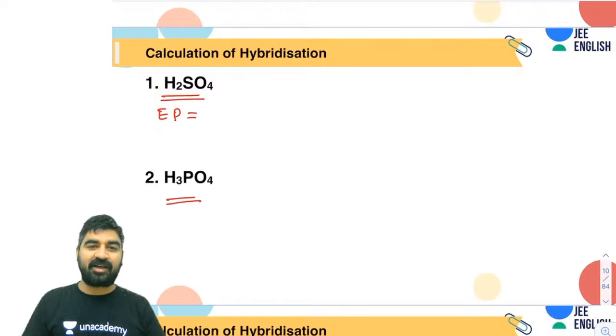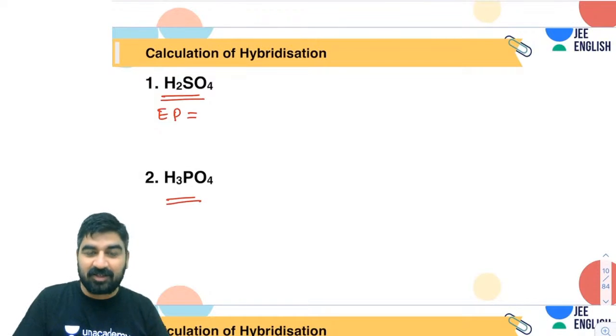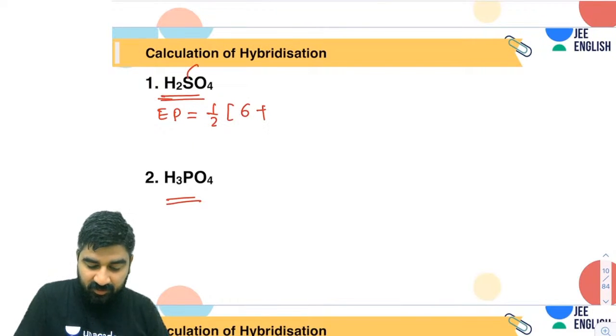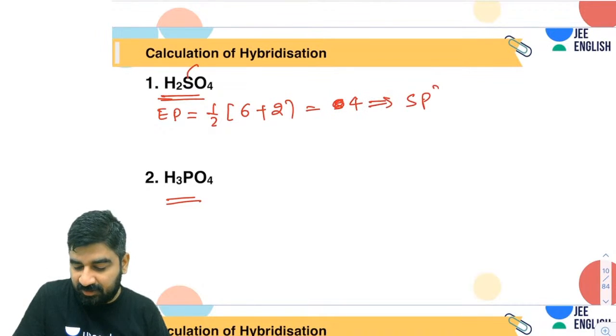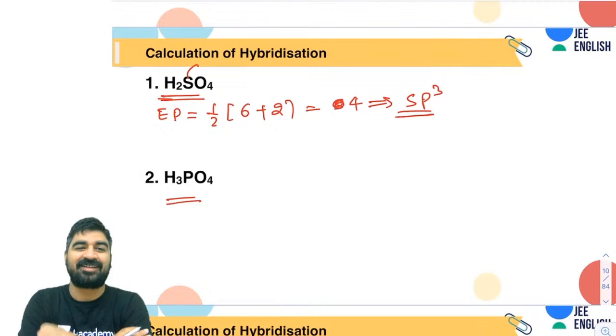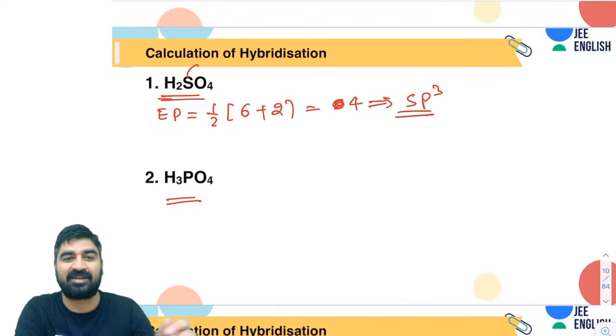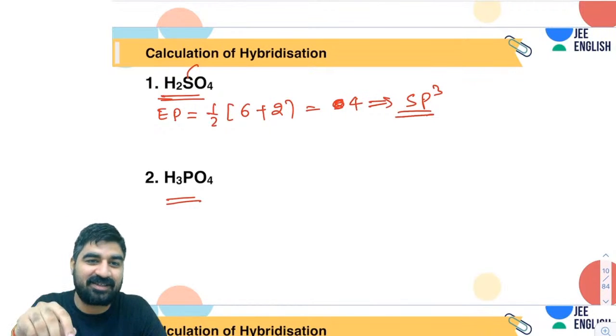Calculate the electron pairs. In this case it will be half, and for sulfur valence electron will be 6, hydrogen is monovalent. So guys, it will be 4, and it means sp3. Got it? Yes, you are absolutely right.